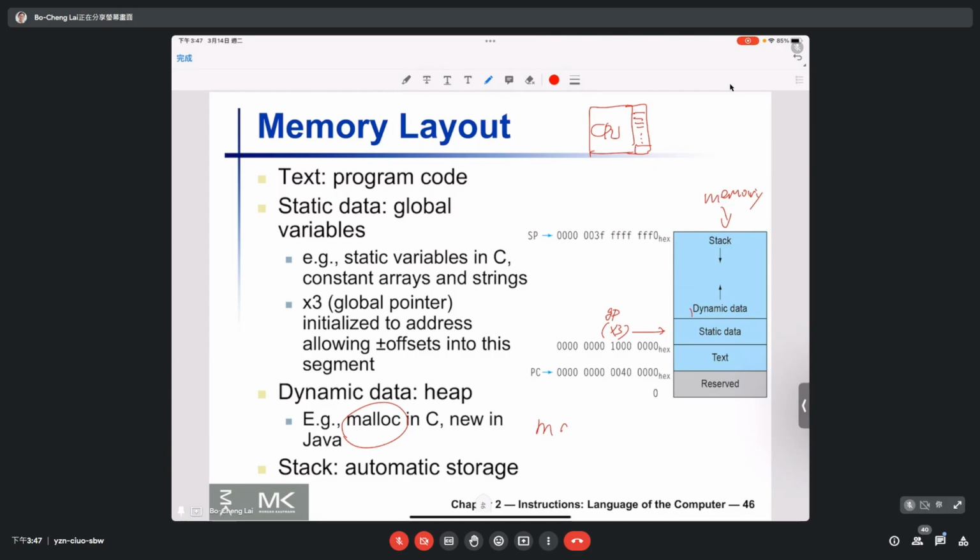You can use it any way you want. But usually people use it as a global pointer pointing to somewhere in the static data. It doesn't have to be anywhere specific, just somewhere in there. The purpose is for you or the compiler to easily manage or find the data you need.